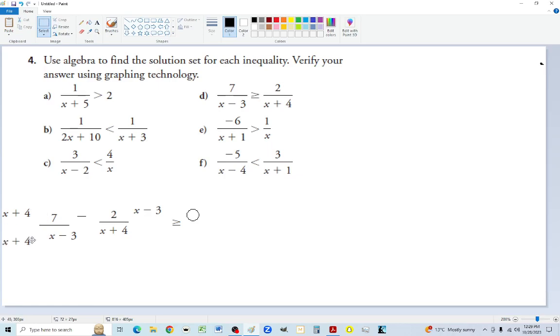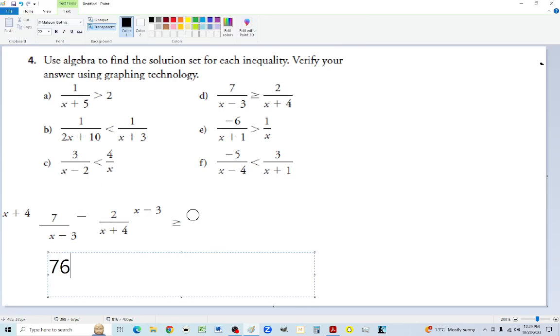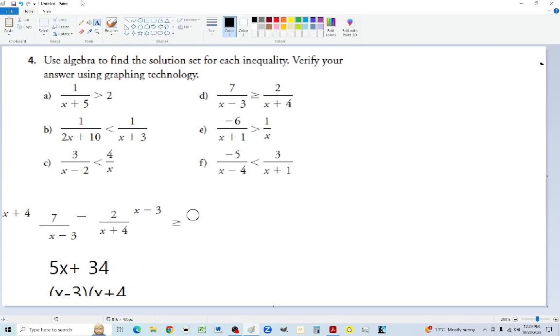You're multiplying by x plus 4 over x plus 4 and x minus 3 over x minus 3, but I'm just saving time because they end up over the same denominator, and there's no point in me doing it over and over again. So on the left, I end up with 7x plus 28, and on the right, I end up with minus 2x plus 6 all over x minus 3, x plus 4, and 7x minus 2x, 5x, 28 plus 6, 34. Oh, I think I already did that one. Sorry. Yeah, I did. Sleep at the wheel.